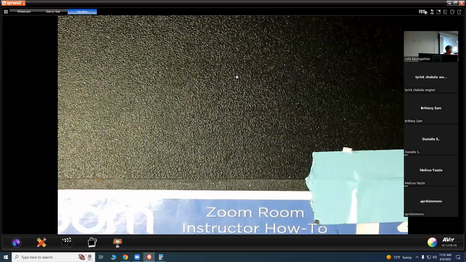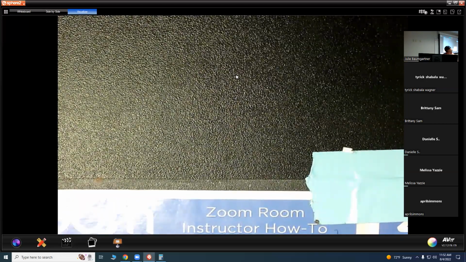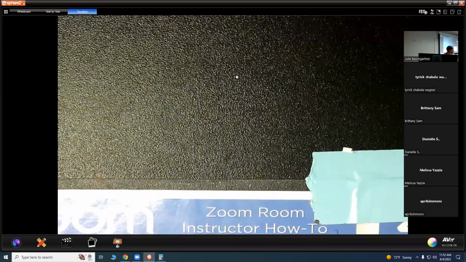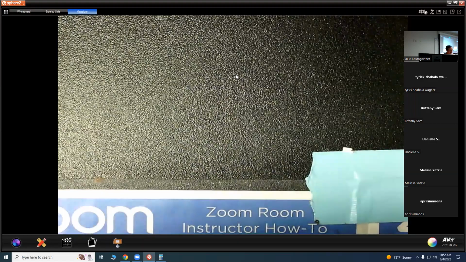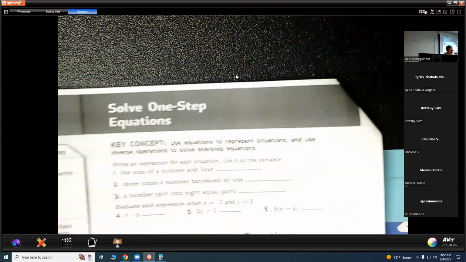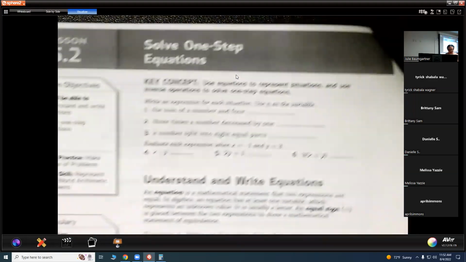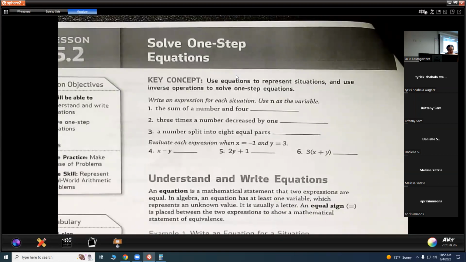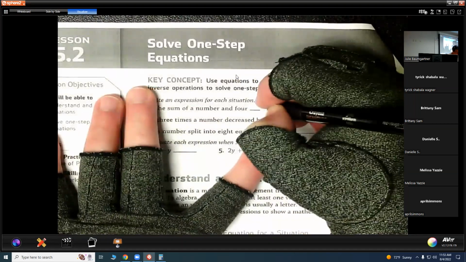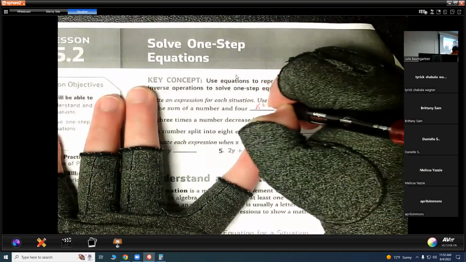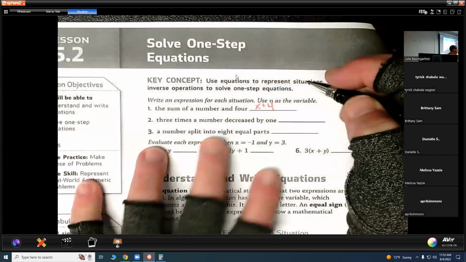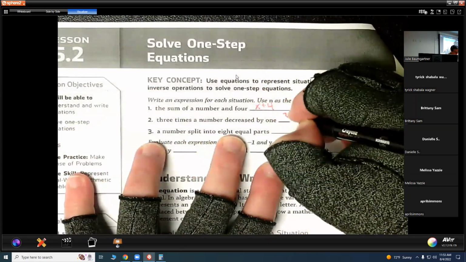All right, let's continue. Okay, so hopefully everyone's feeling good about expressions. I think everyone is getting that nicely. So let's move into our equations then. First, let's just warm up. The sum of 4 and a number. 3 times a number decreased by 1.